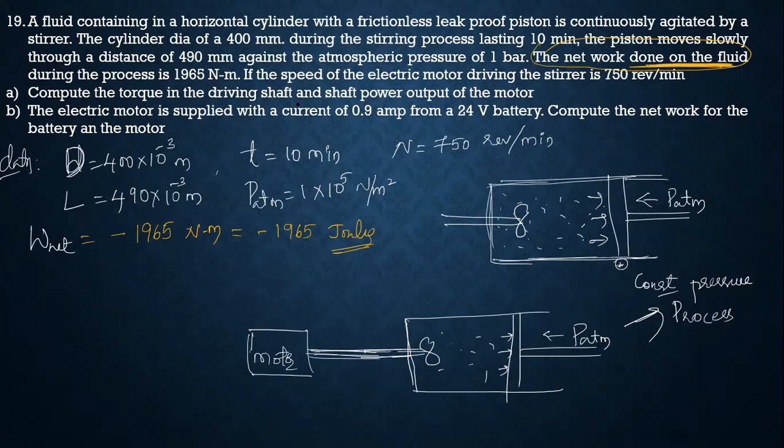Compute the torque in the driving shaft. This torque we have to calculate, and also the shaft power output of the motor. Next, the electric motor is supplied with a current of 0.9 ampere from a 24 volt battery. That means the motor is run with the help of one more device, that is a battery.